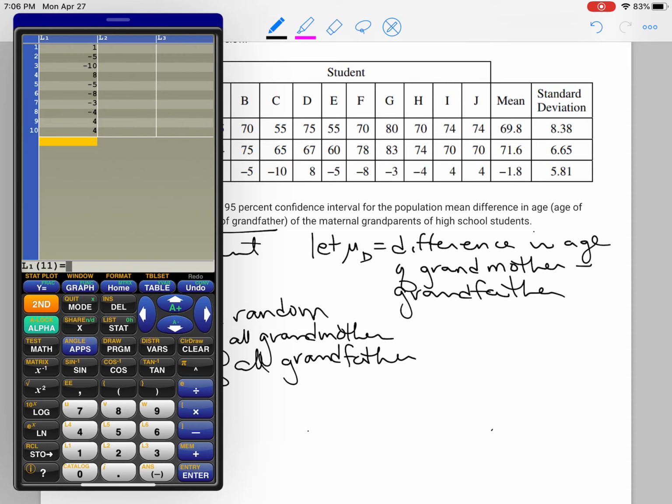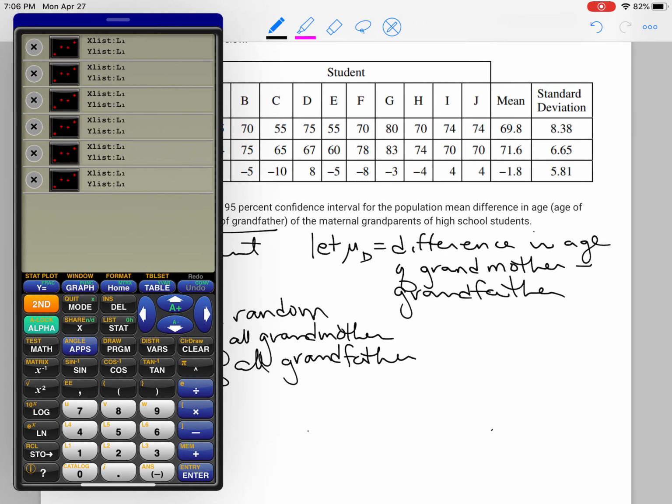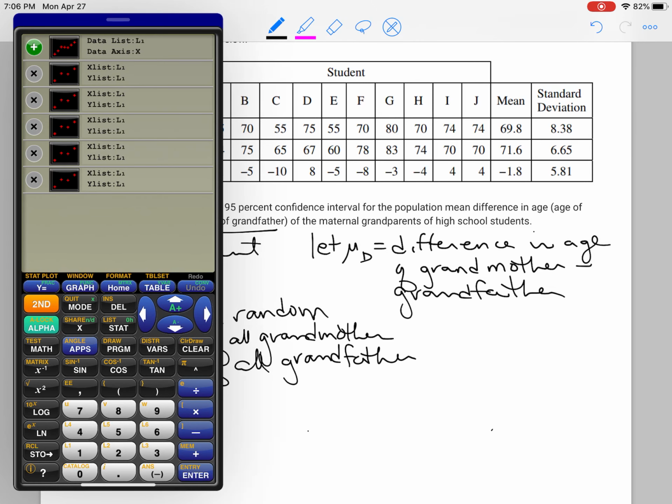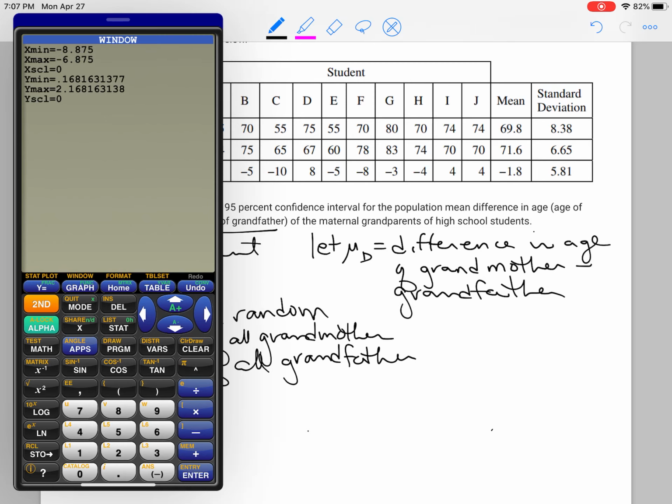All right. So now let's do our normal probability plot. We're going to go second, stat plot. There's our normal probability plot, and we're going to use list 1 on our x-axis. Now we're going to graph it.